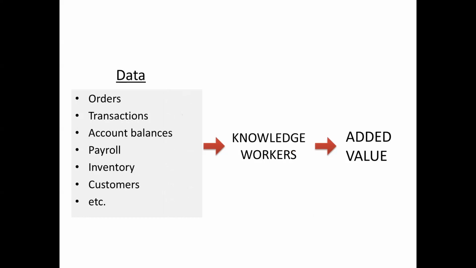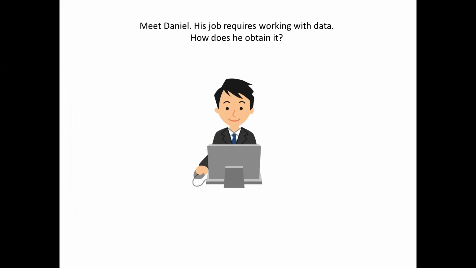In a large organization, there are hundreds and hundreds of data sets that people consume on a regular basis because they need it for work. And how do they do it?